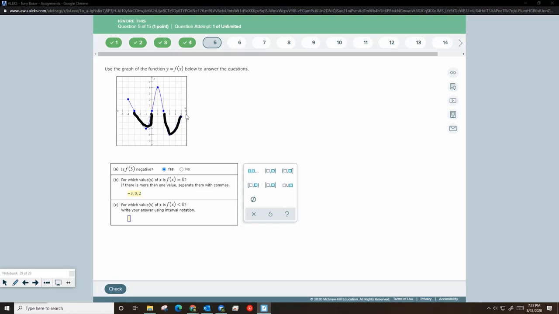So when I'm writing these, I want to do it in interval notation. So the first one is going from negative 3 to 0. And I'm going to use a parenthesis. So parenthesis means not equal to. A bracket means equal to. So since I don't want it to be equal to 0, I'm not going to use the bracket. I'm going to use parenthesis.